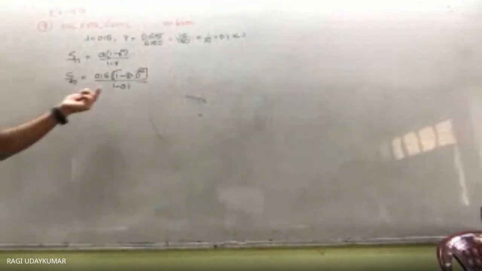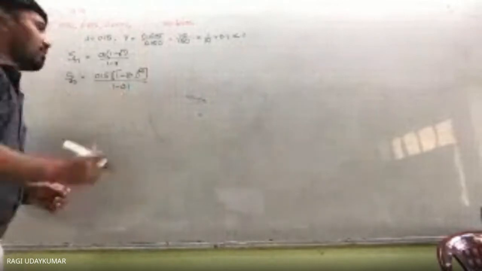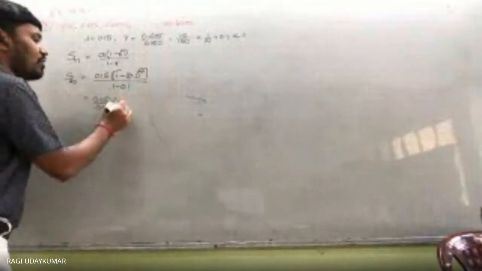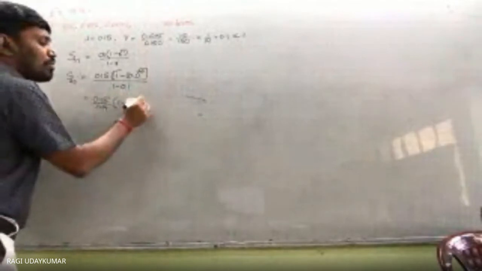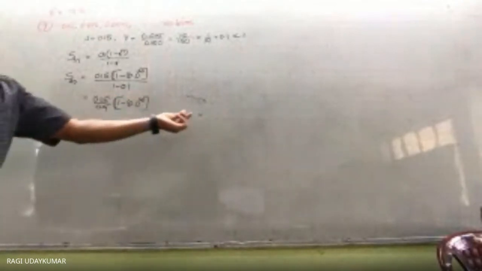So you can keep it as it is also. Here 1 minus 0.1 is 0.9. So you can write it as 0.15 by 0.9 into 1 minus 0.1 whole to the power of 20. That's all.